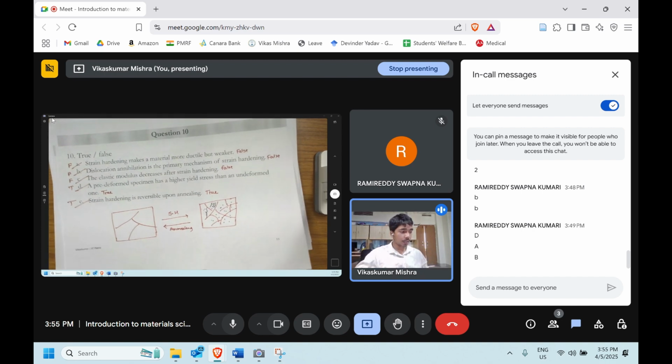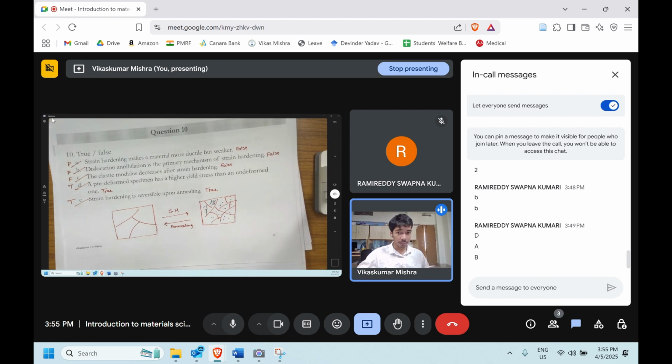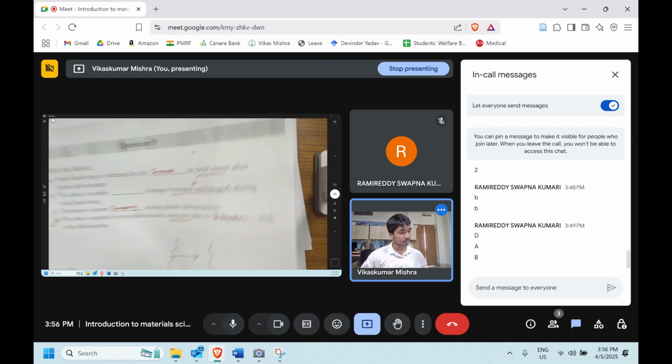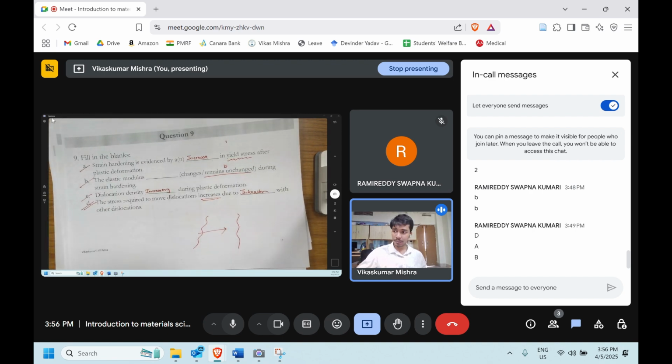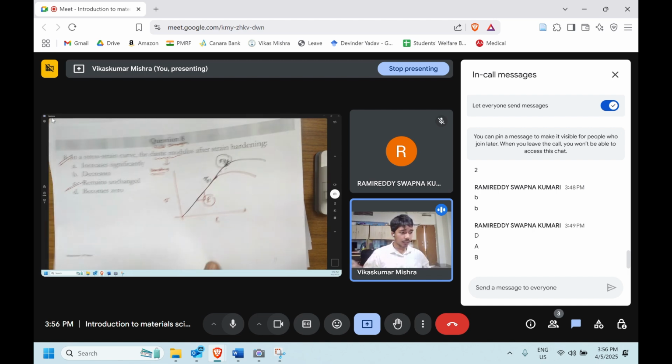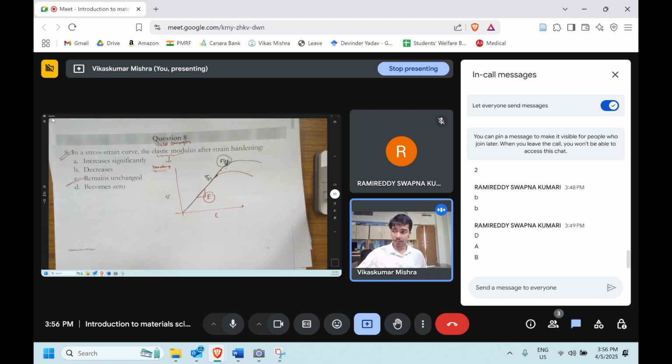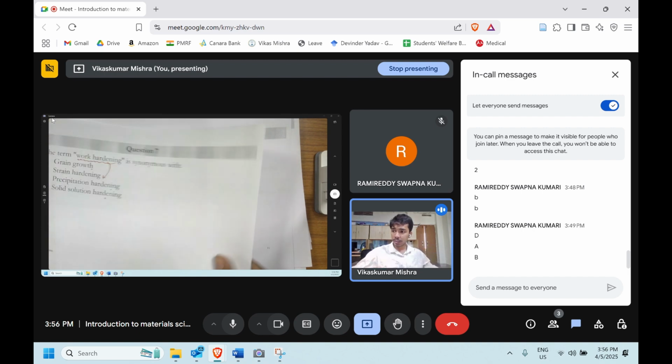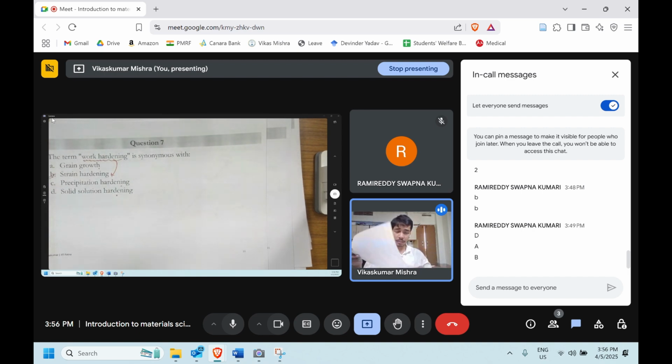And then we talked about annealing and strain hardening phenomena, how they are reversible and how they are going to affect each other. Fill in the blanks questions based upon strain hardening are again based on the strengthening mechanism. So more or less our discussion was on the strengthening mechanism.